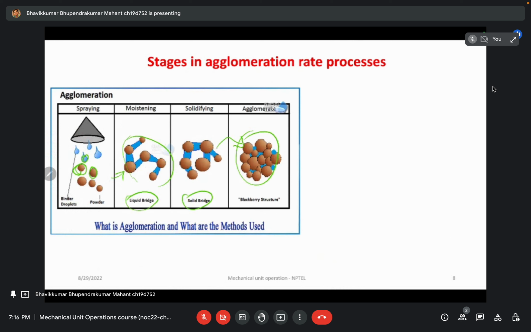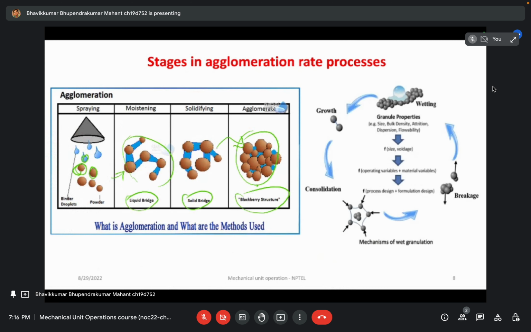There are different names we can use for different kinds of structure. If we just talk about this structure, then it is known as a blackberry structure. So this is one simple method in which we spray our binder material, which can make the liquid bridge, and at the end we moisturize all our solid fine particles, which can eventually solidify and be converted into agglomerates.